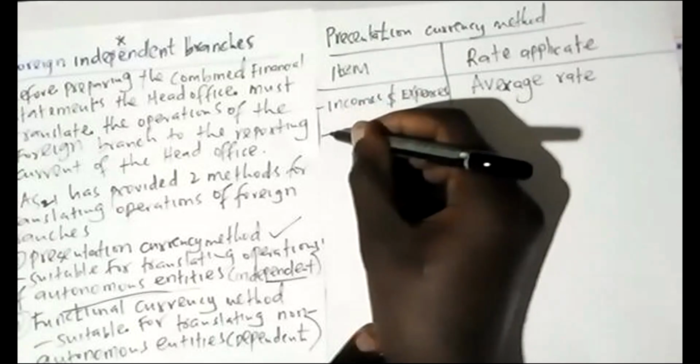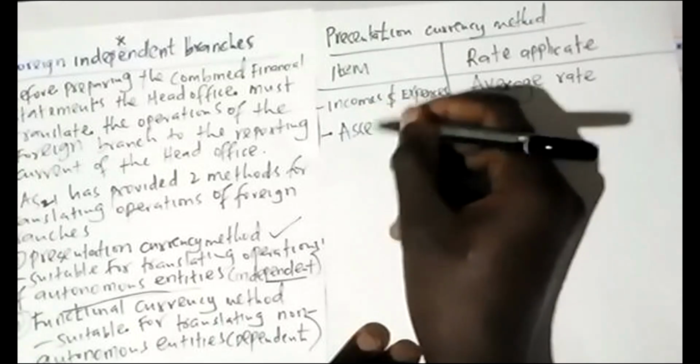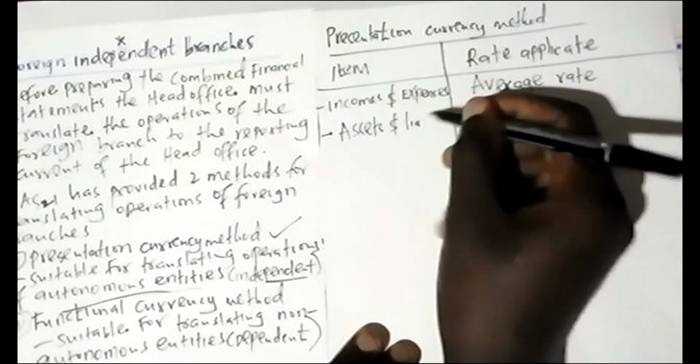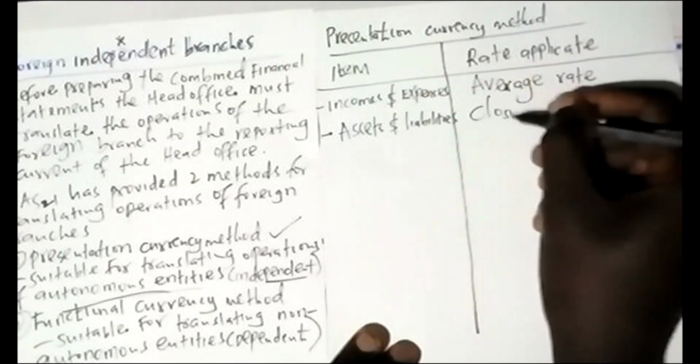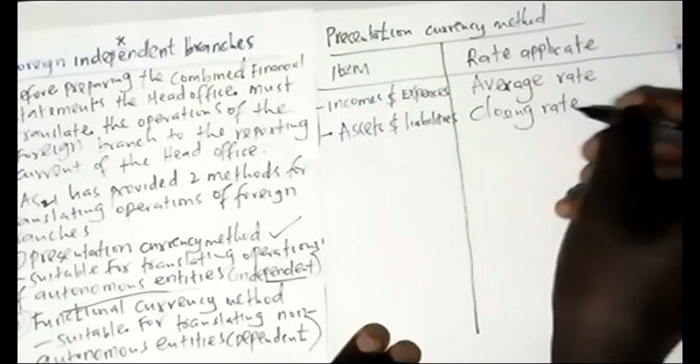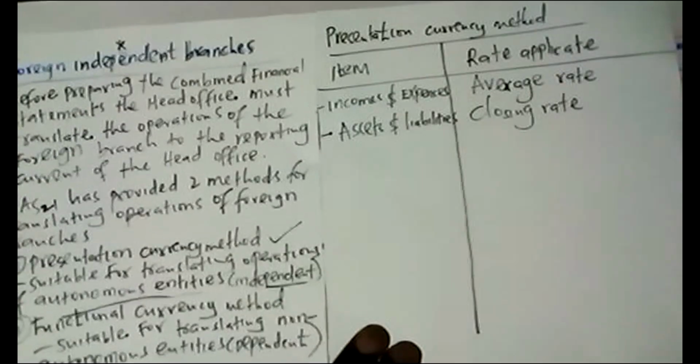Then assets and liabilities use the closing rate. For the average, they will just state it directly, but for the closing, they will give you a certain date. The closing rate is the rate which was prevailing on the date when the statement of financial position was to be prepared.